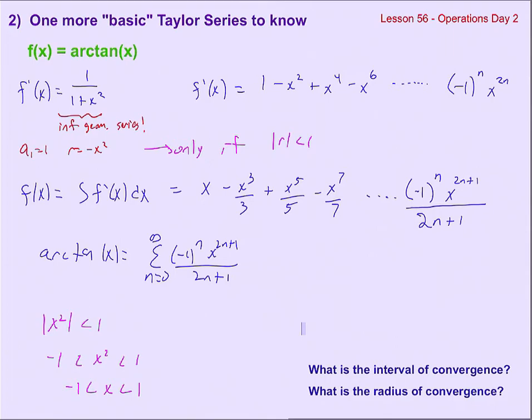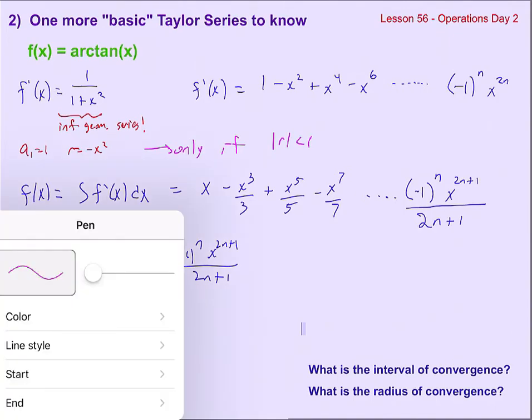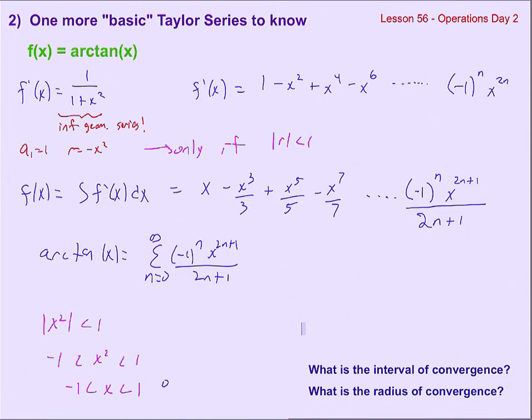This, by the way, is called the open interval of convergence. We'll talk more about this next lesson, but I'll give you the name now. And what we're saying when we use the open interval of convergence is that as long as x is between negative 1 and 1, we can use this power series as a way to evaluate the arctangent of any number.